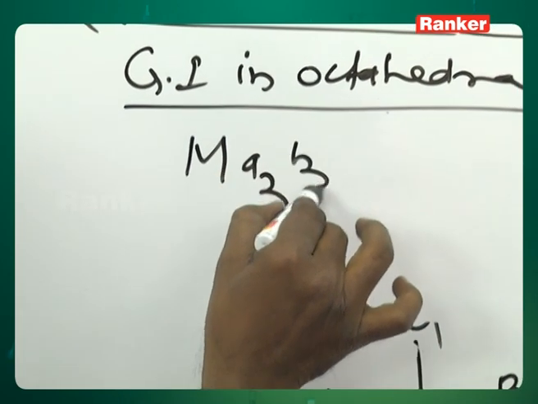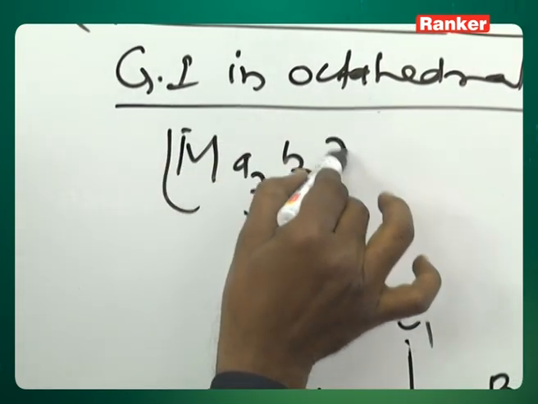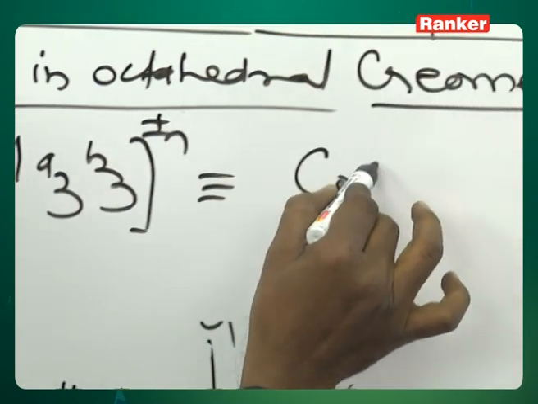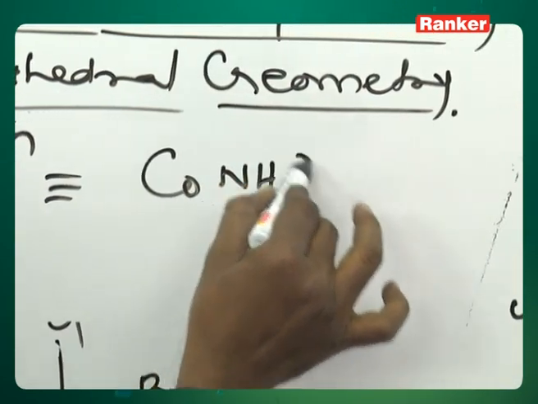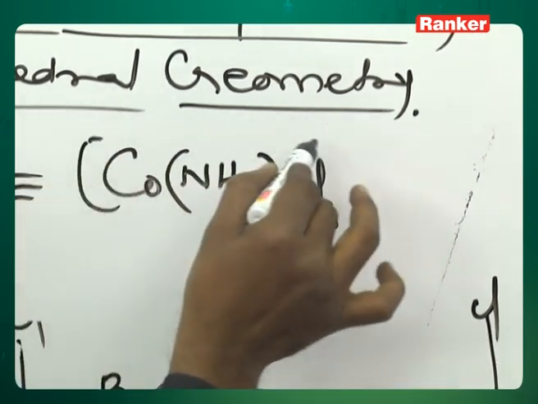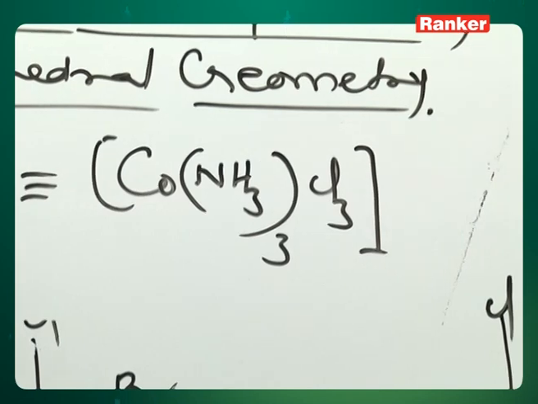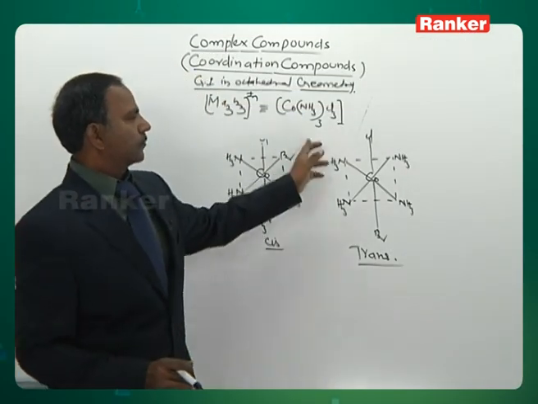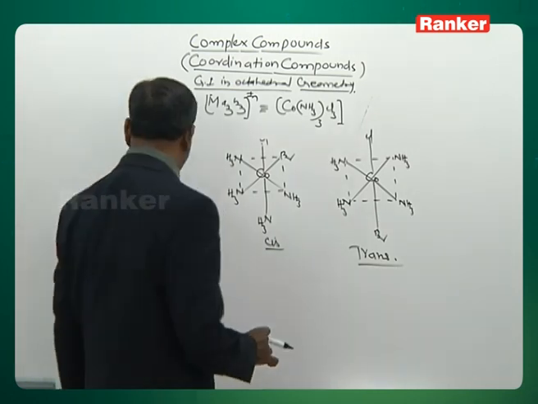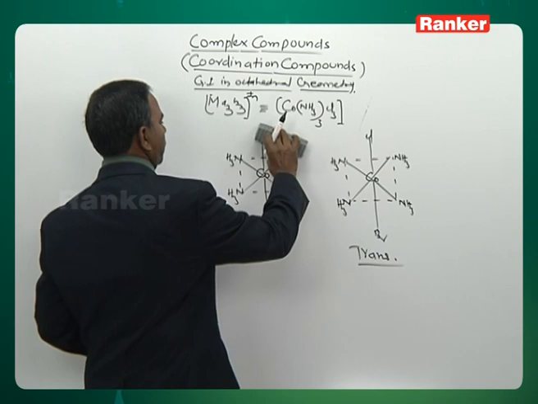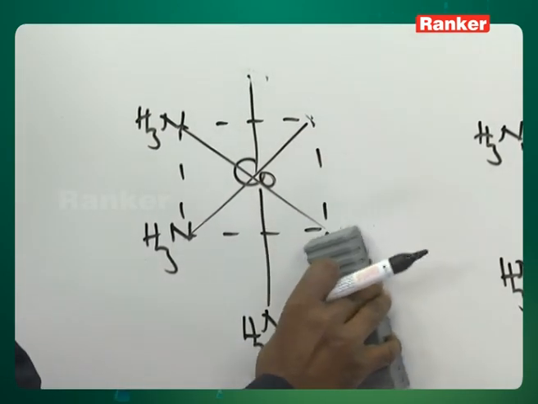Ma3B3 plus or minus n, three ligands of one type, like this. Then write for this particular complex, cis and trans. So look here how I write cis and trans. For the same complex I am making it cis and trans.